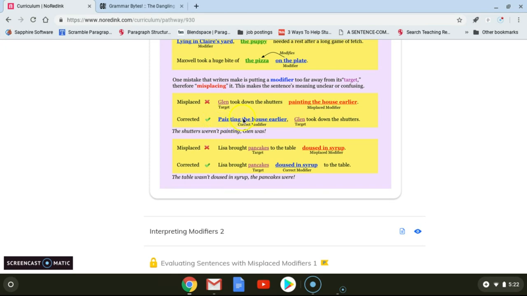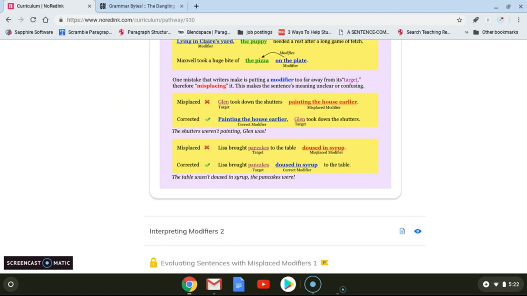It says, painting the house earlier, Glenn took down the shutters. Now we understand that Glenn took the shutters down, but Glenn was also the one painting the house. When you're fixing a misplaced modifier, you may need to add words or rewrite the sentence.